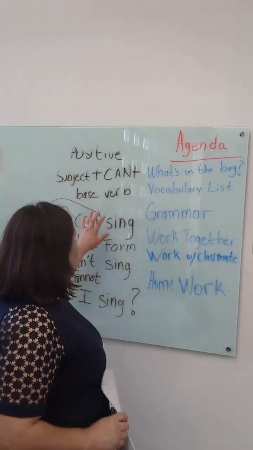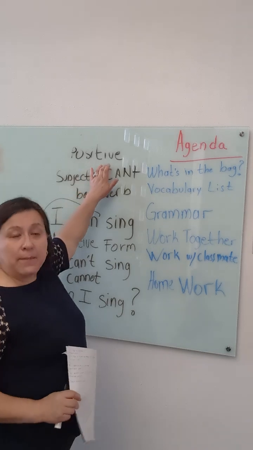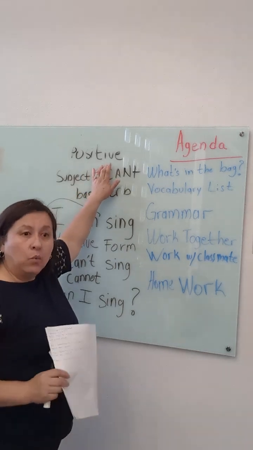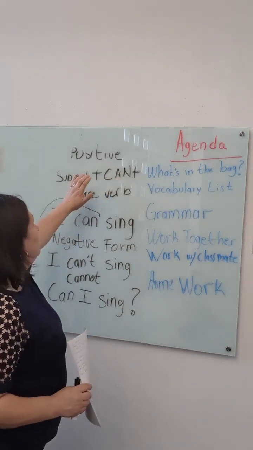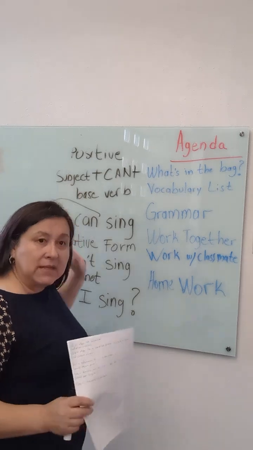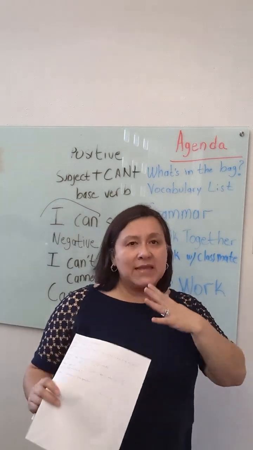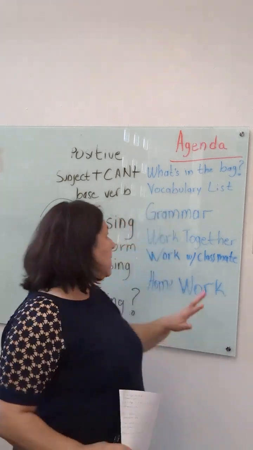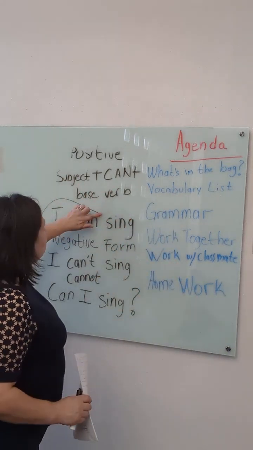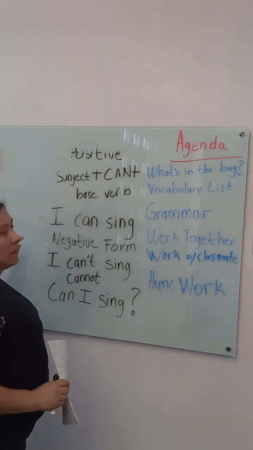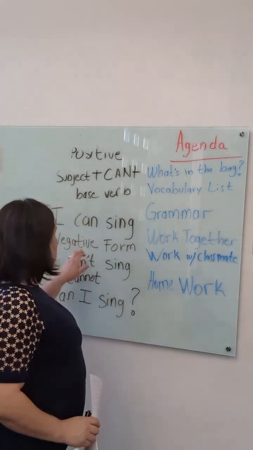Now, when we are using the positive form, we are going to select our subject depending on who we are talking about. In this case, I'm going to say I, okay? So I put an example here.